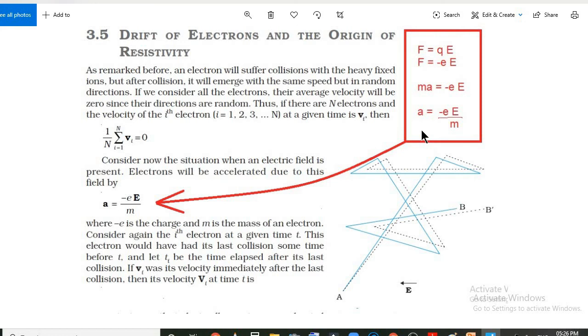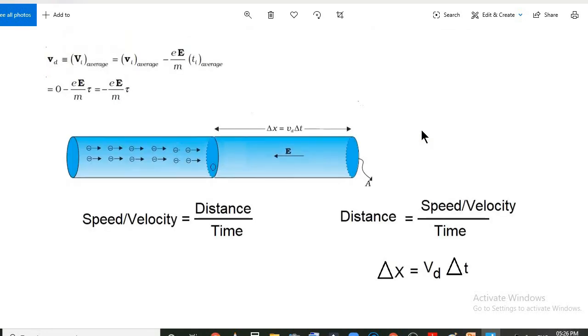That was our expectation. But what happens here? From this equation you understand that even though an electric field is applied in this metal, the velocity is constant. That constant velocity is known as drift velocity. Actually, that drift velocity is very small.